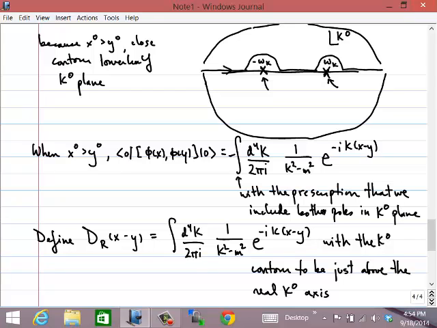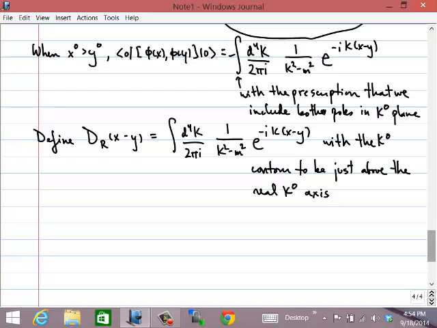And so that means we would just get 0 because we wouldn't get any of these poles. Okay. So what does that mean? It means that this slightly different version of the propagator is equal to a theta function of x0 minus y0 times the commutator of phi of x, phi of y.